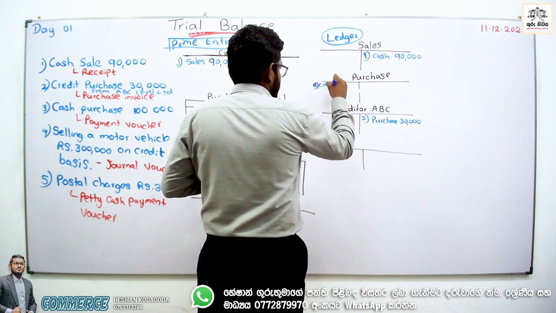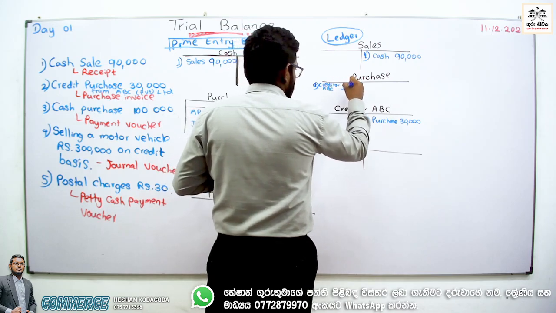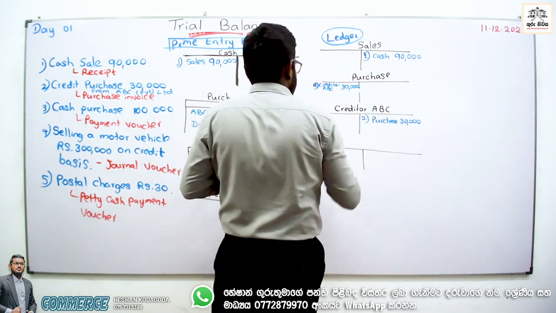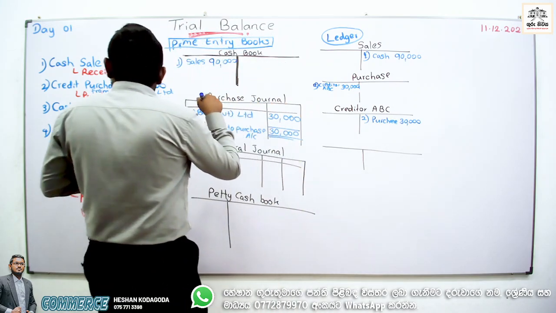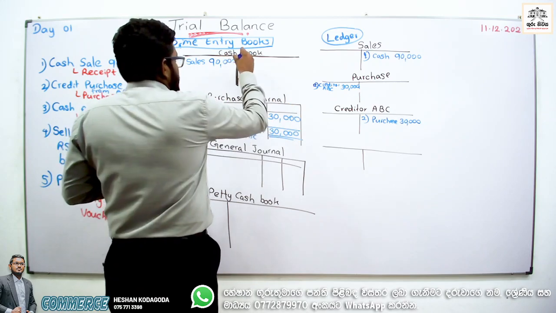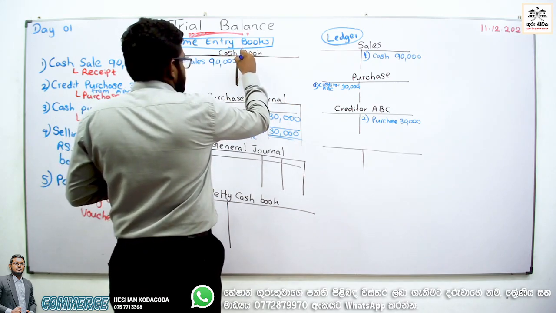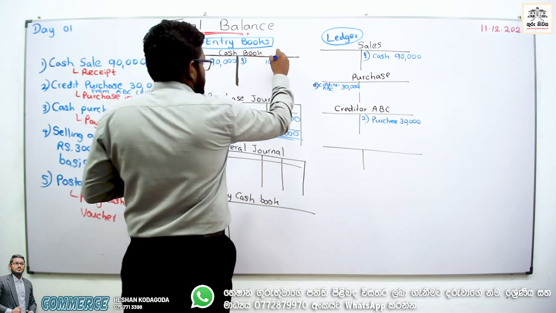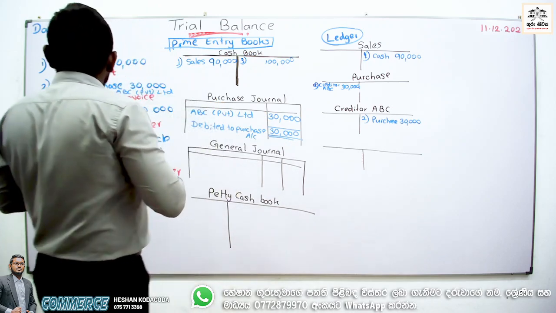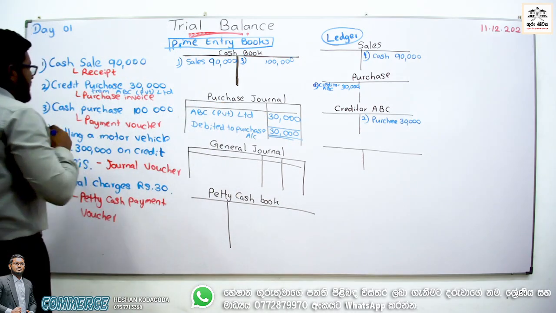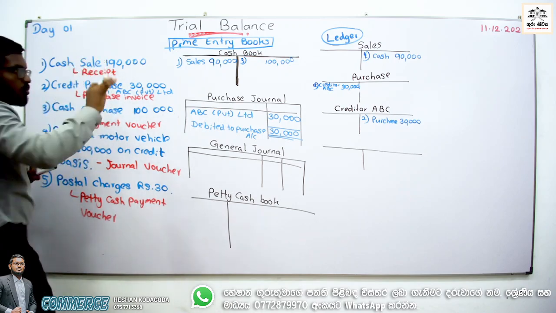So you can write like this. Cash book credit, purchase account debit. How much? 100,000. Third one. So shall I write it as 190? Is it okay?